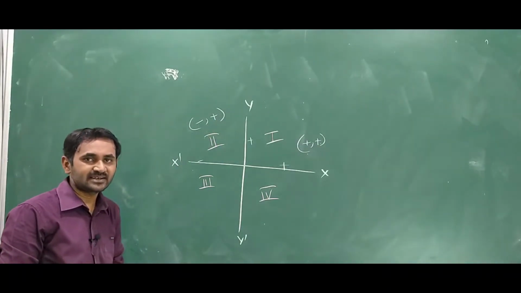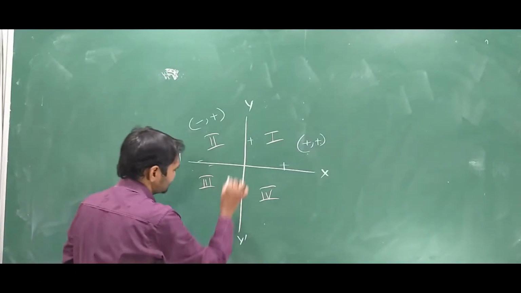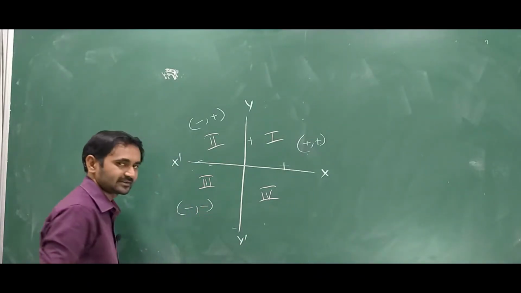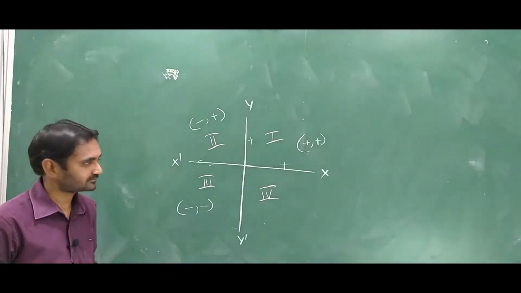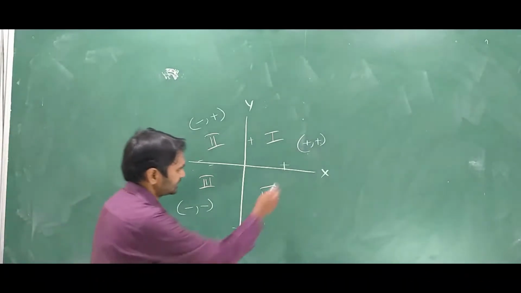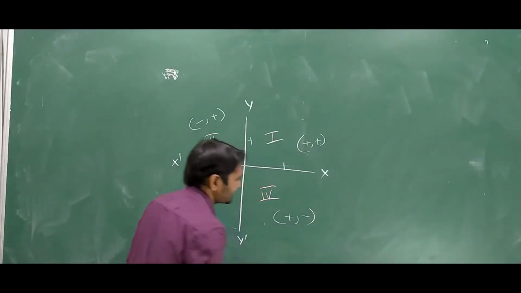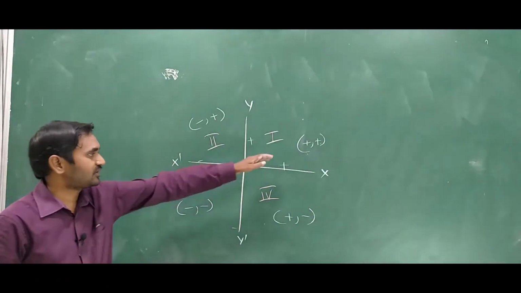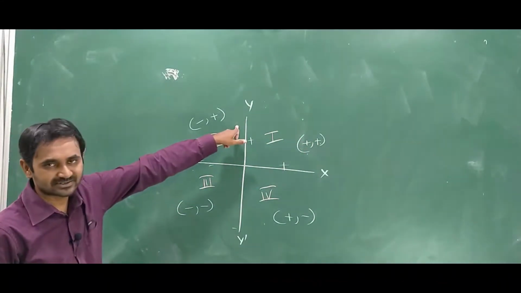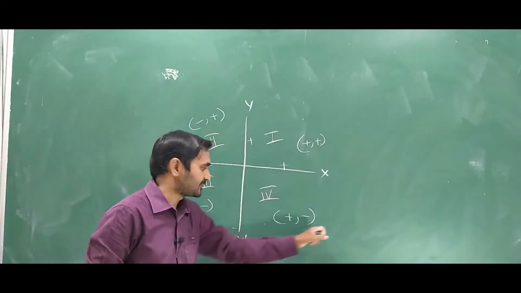Let's see the third quadrant. Obviously x is minus and y is minus, so you get minus minus. And in the fourth quadrant, x is plus and y is minus, so you get plus and minus. First quadrant plus plus, second quadrant minus plus, third quadrant minus minus, fourth quadrant plus and minus.